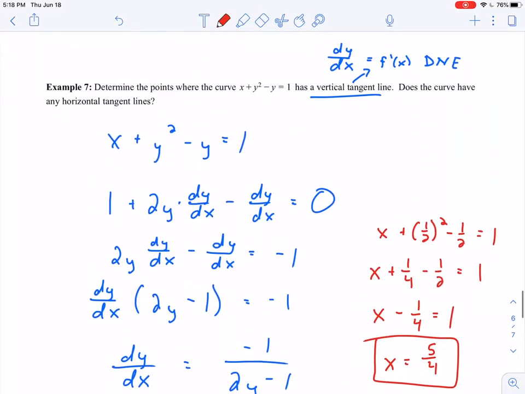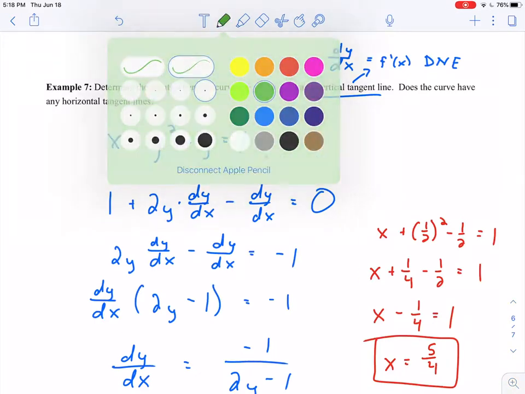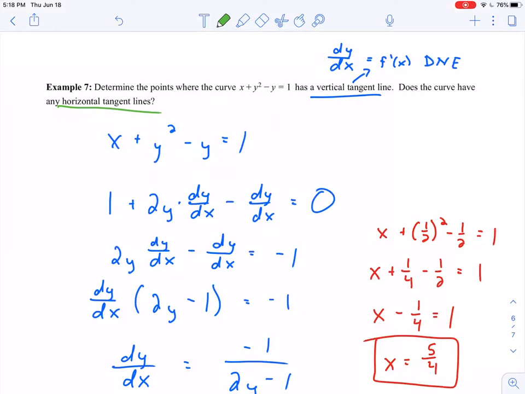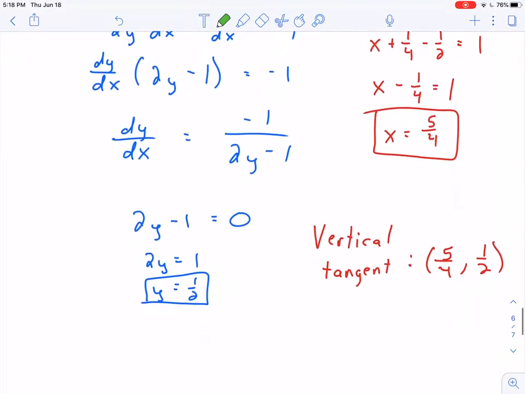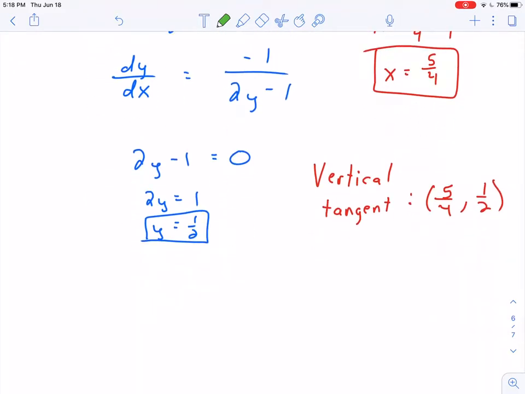The other part of this question said, where do I have any horizontal tangent lines? What about those guys? Let's do that in green. Where do I have horizontal tangent lines? Remember, that happens when the derivative is just 0. So I'm going to take my derivative that we found right here and set it equal to 0 and see if we can come up with any solutions.